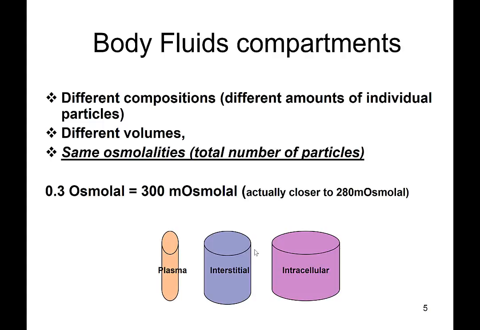So we have different compositions, what we find dissolved in them, and different volumes in these fluids. But the number one way they have to be the same is the total number of particles that we find dissolved in them.